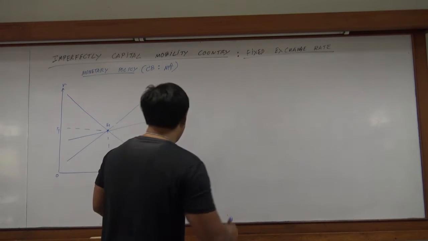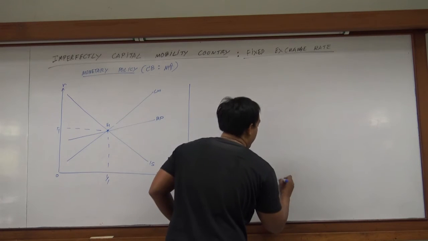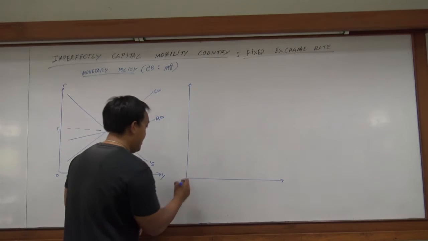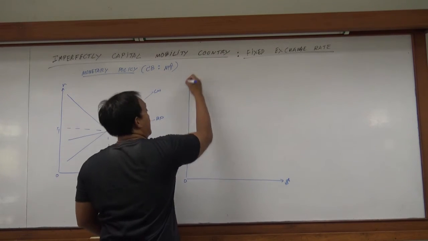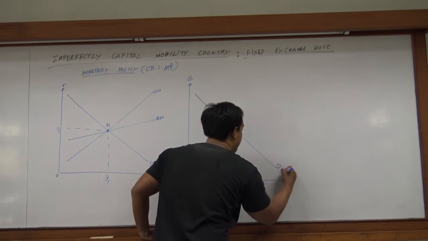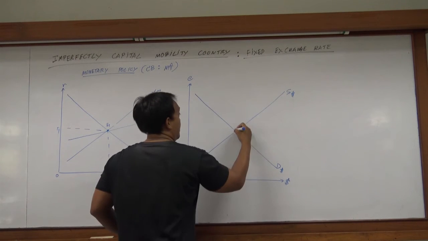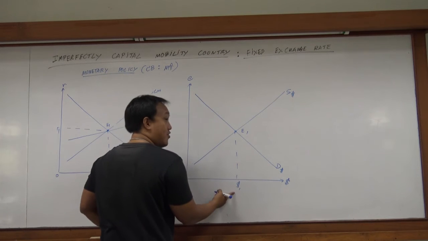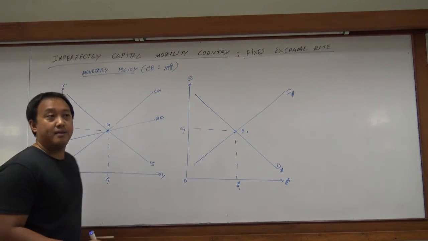And then on your right-hand side, you have the equilibrium in the currency market. The axes are Q for the quantity of US dollars and the exchange rate. You have demand for US dollars, supply of US dollars, and equilibrium point 1, with the quantity of US dollars in the economy and exchange rate E1.